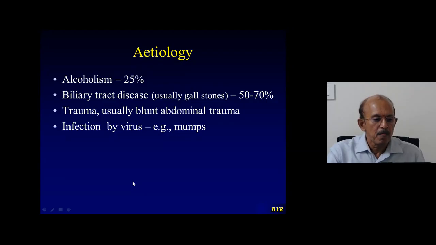Very good. That means it infects all exocrine glands. In simple words, all the glands which have ducts, mumps virus can infect. So it infects salivary glands, it infects pancreas, it infects testes. Very good.